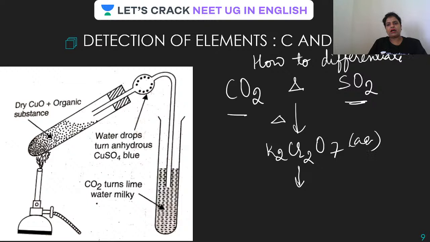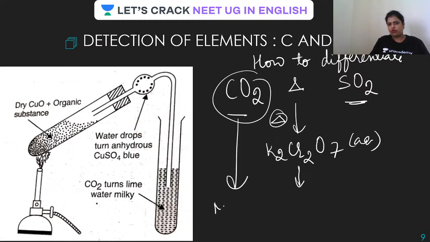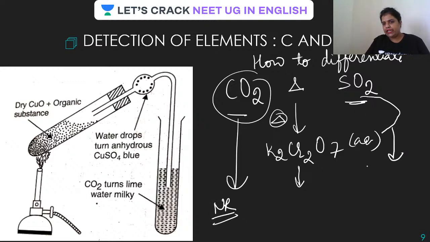Or simply you pass these gases in aqueous solution. Suppose if you warm it, if it is CO2, remember, there won't be any reaction. But if it is SO2, it turns.